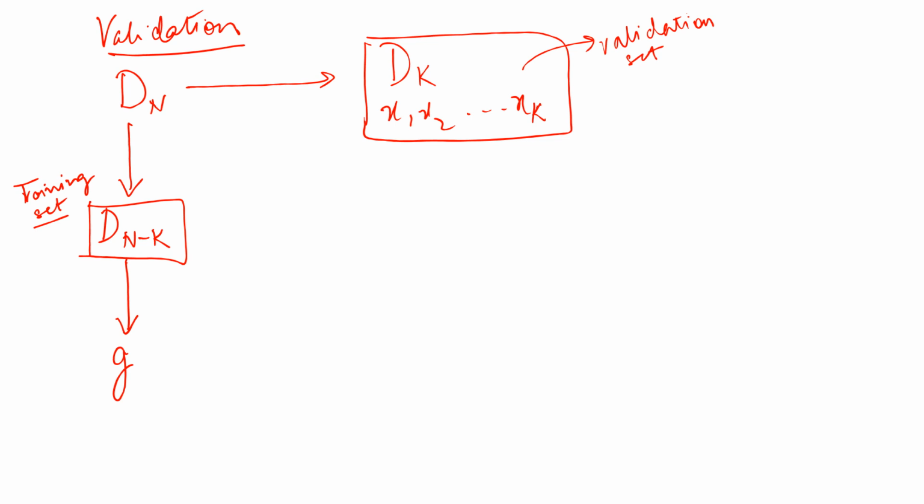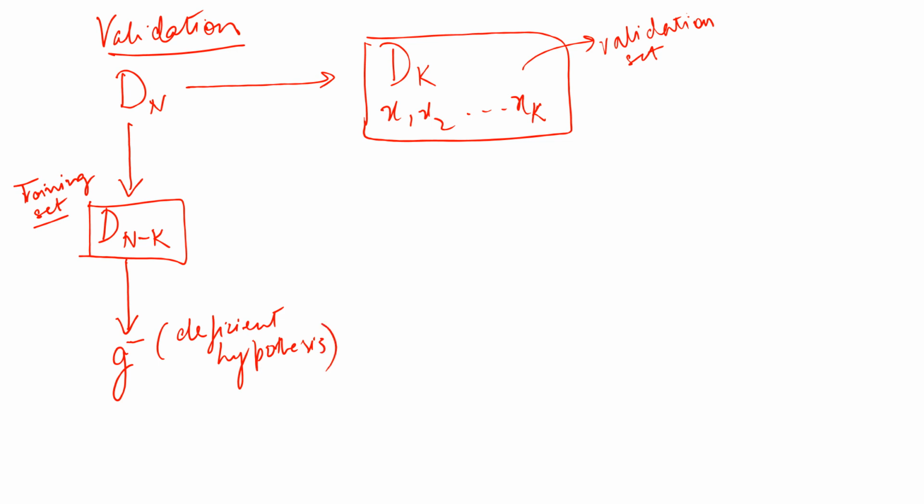So I'm going to denote this hypothesis by g negative. This negative denotes the fact that this hypothesis is deficient, because I have used fewer data points than I actually had, right?